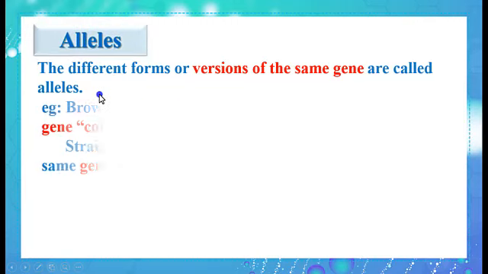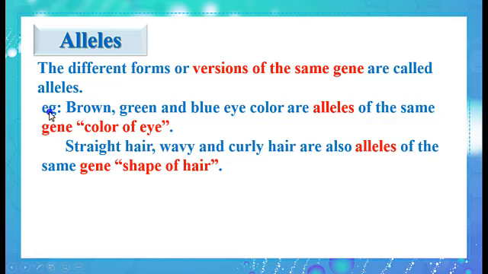So what do you mean by alleles? For example, brown, green, and blue eye color are alleles of the same gene, which is color of eye, while straight, wavy, and curly hair are also alleles of the same gene, which is shape of hair.